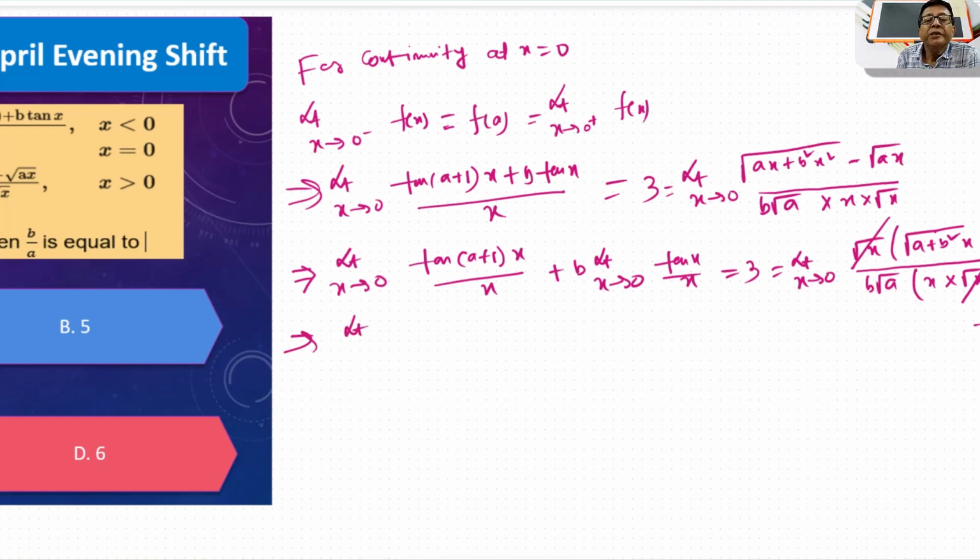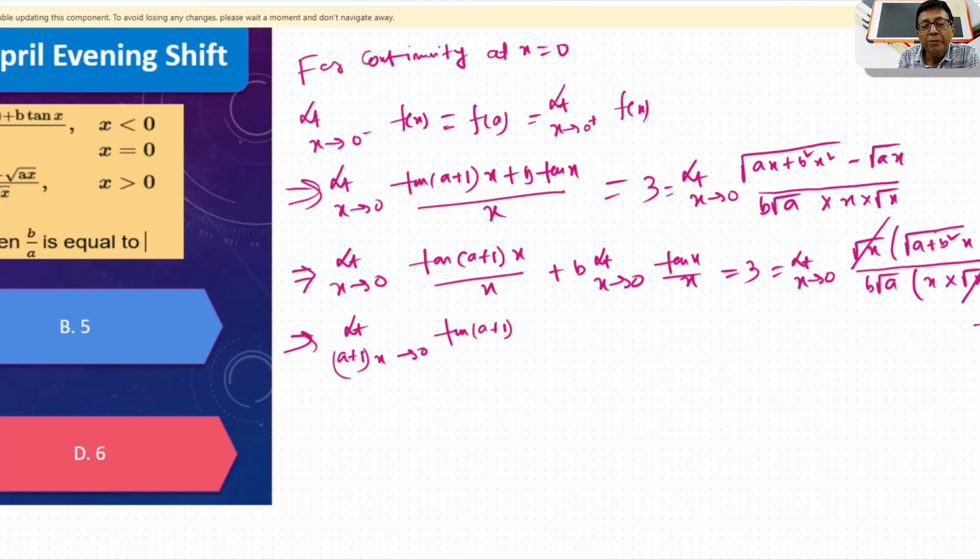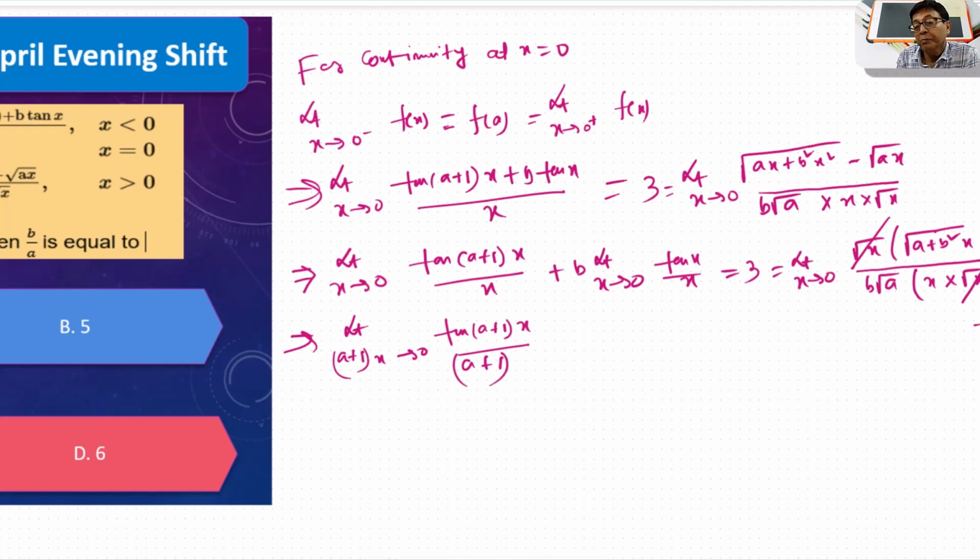See, here x tending to 0 means (a+1)x is also tending to 0. I am doing all the steps in detail. Maybe a question arises in your board paper. Is it? Past years' JEE questions they ask in board paper. If they ask, then you know the method.